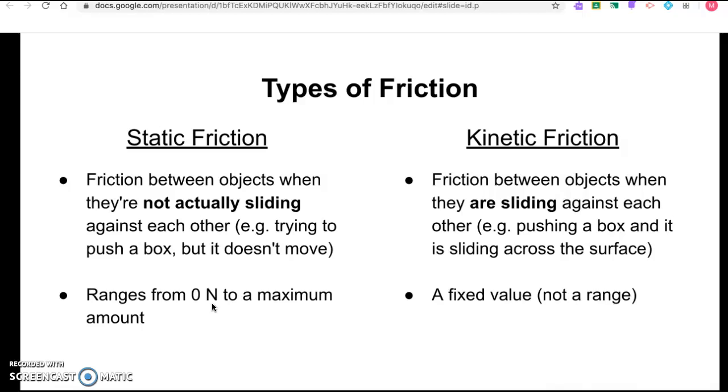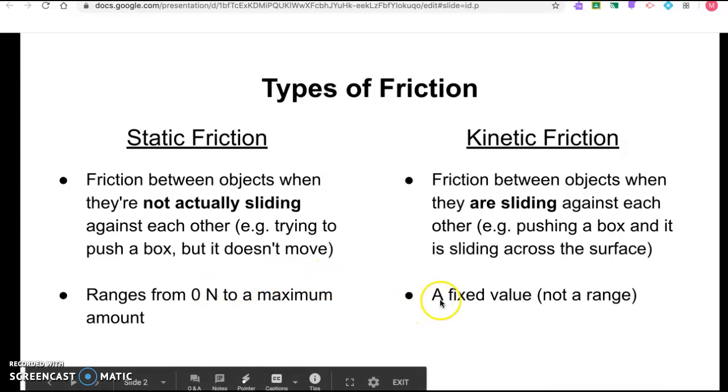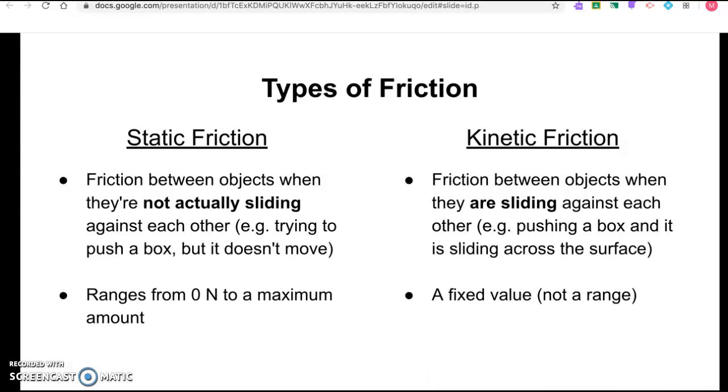And once it does move, the friction changes to kinetic, and it's going to be a fixed value. So for example, let's say I push the book and it's sliding, and kinetic friction might be 8 newtons while the book is sliding. Now, if I push the book harder and it continues sliding, kinetic friction is still going to be 8 newtons.